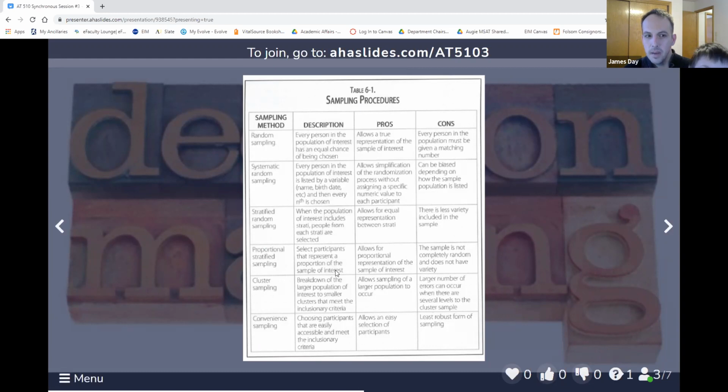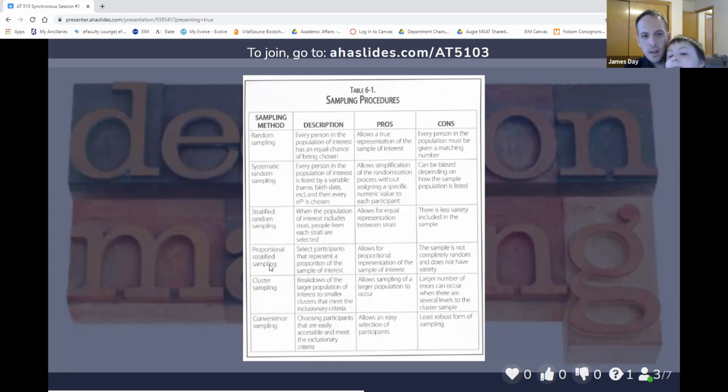However, there are times where, based off of our research model or our research thoughts, we're going to change it from pure random to one element of, think of it as proportionality.